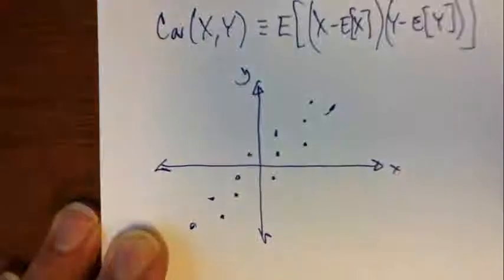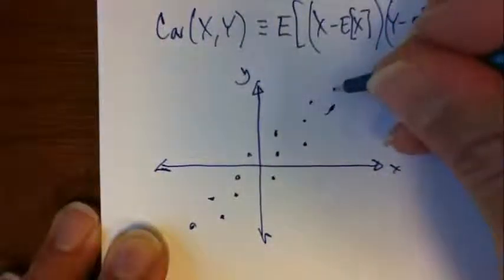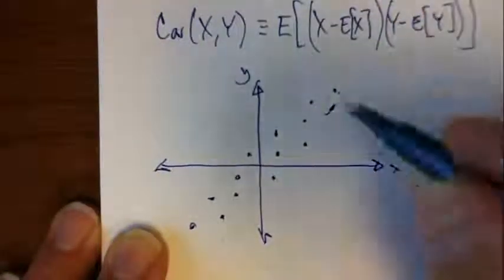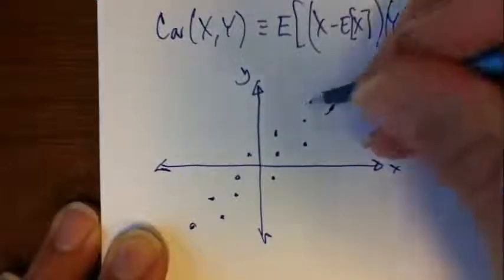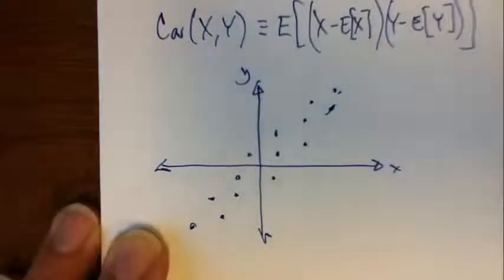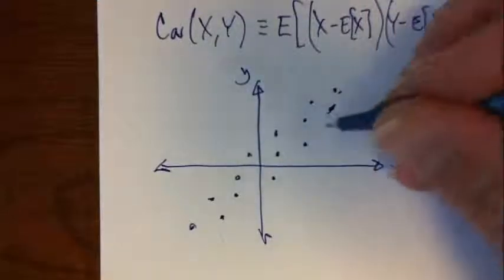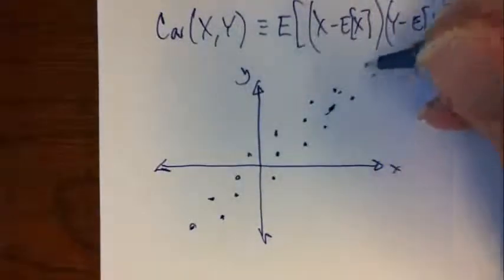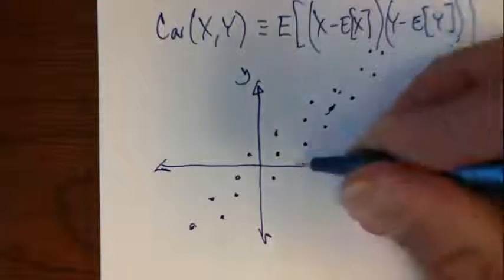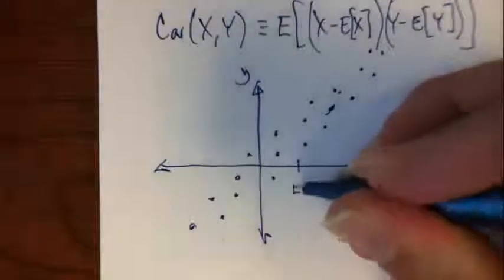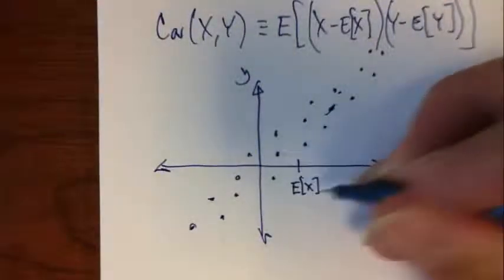I'm going to actually go and get some data, or maybe these are points that can actually occur out of my joint distribution for these two variables. The expected value of x in this case, let's put a few more points up this way, is probably right about here. You know what I mean?